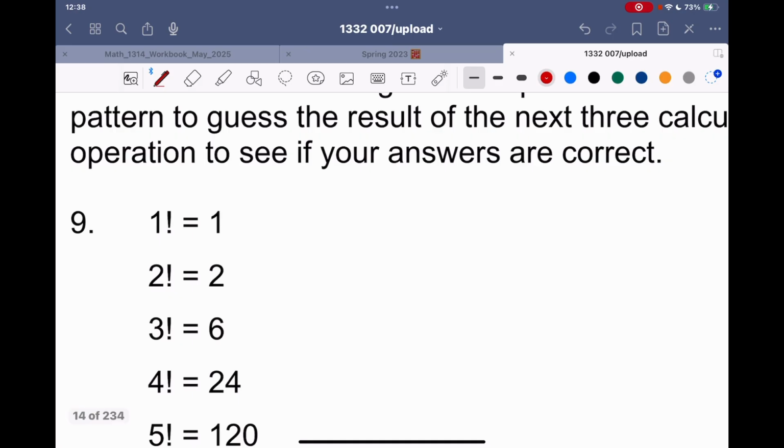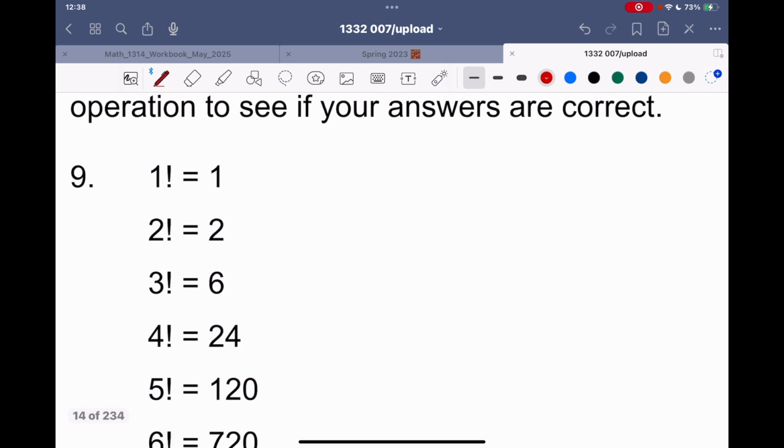So if I say I have 1 factorial, that's just 1. And then I have 2 factorial, we're going to expand it. We're expanding so that you understand that 1 factorial is equal to 1. 2 factorial is equal to 2 times 1, which is equal to 2.